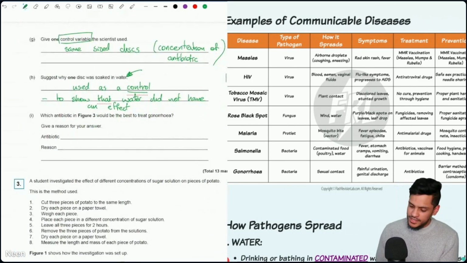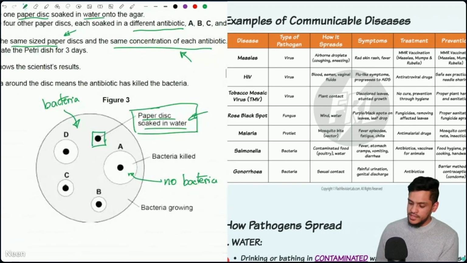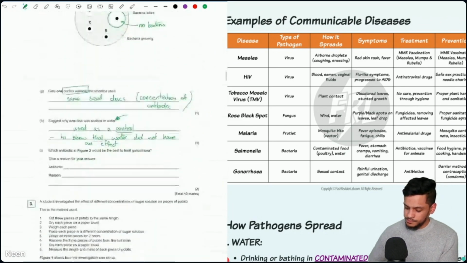Which antibiotic in figure 3 would be best to treat gonorrhea? So you can see here, what did I say? The area which has no bacteria in it is probably the best one. That'll be this one here, A, because it's got the biggest area with no bacteria in it.